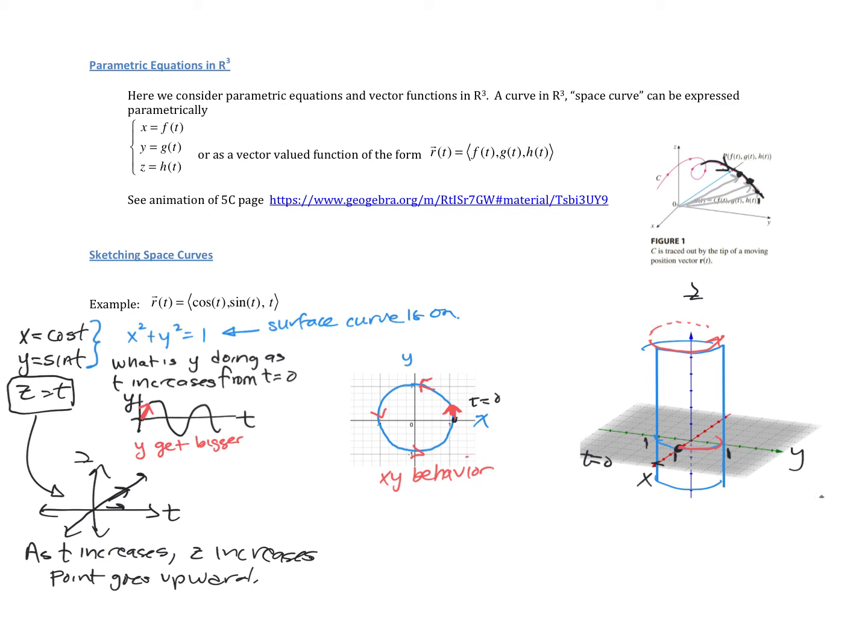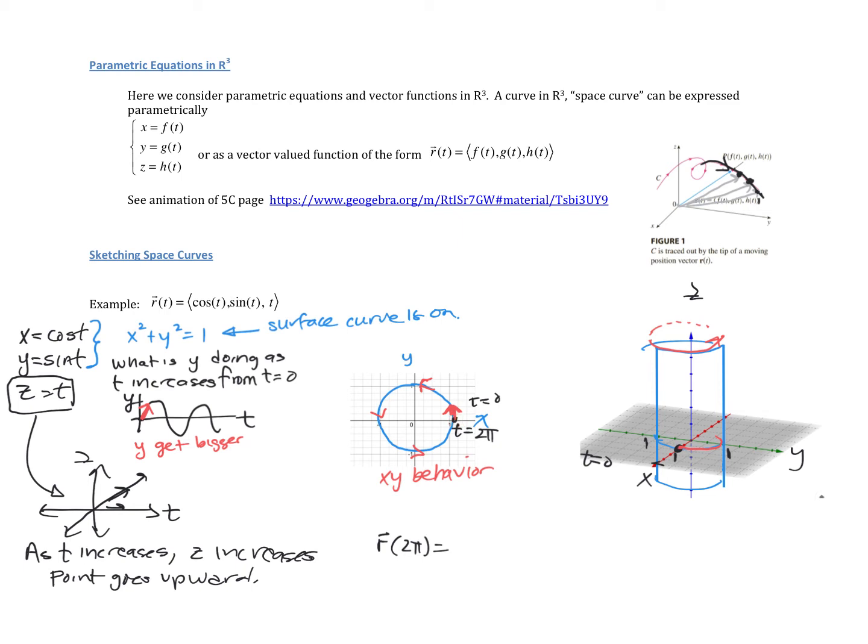So to get a little bit better idea, when is it going to come back around? Is it going to come around really close here? Is it going to be a spring that's all stretched out? Well, to make one revolution, we know in 2 dimensions that one revolution would be when t equals 2 pi. So if I put 2 pi into my vector function, or into my parametric equations, cosine of 2 pi is 1, sine is 0.